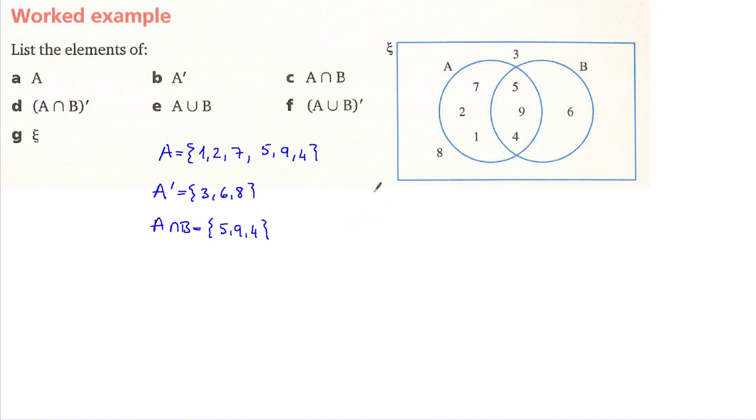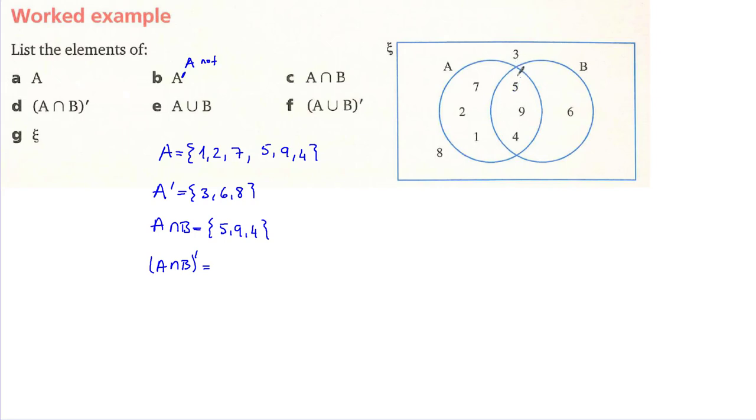Okay, what about the complement of A intersection B? We should understand the complement. We also use this sign, not, or A with a prime. So the complement of A intersection B can be found from here; you can close this part.